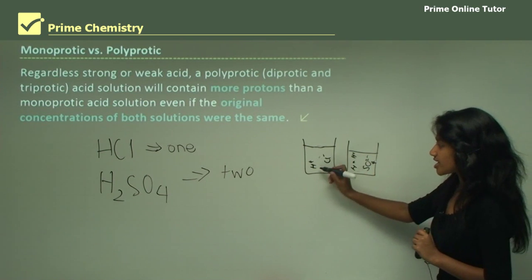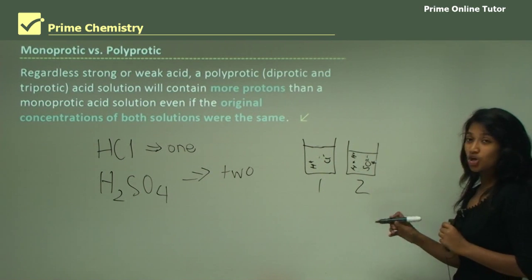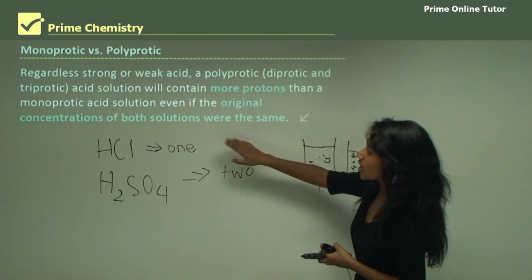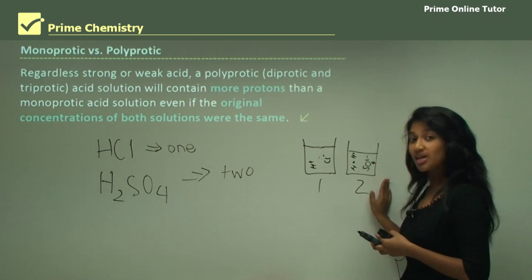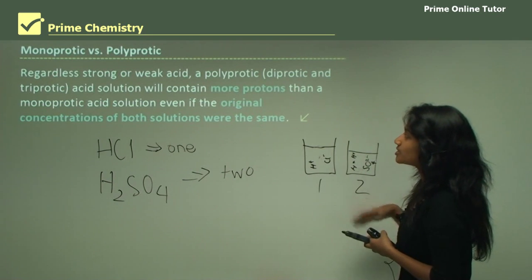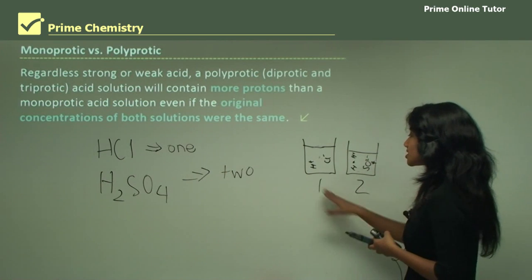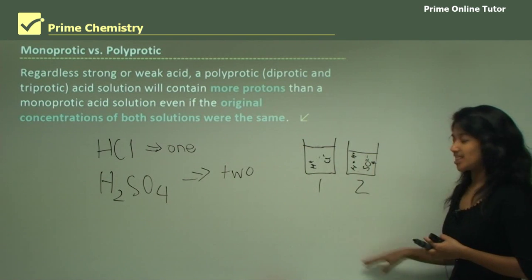So the concentration of the hydrogen ion here is going to be 1, while in here it's going to be 2, double. Meaning that even though the concentration of both of the solutions are the same, for the acid molecules, this is going to be a stronger acid than this, because there's going to be a greater concentration of hydrogen ions than in this one.